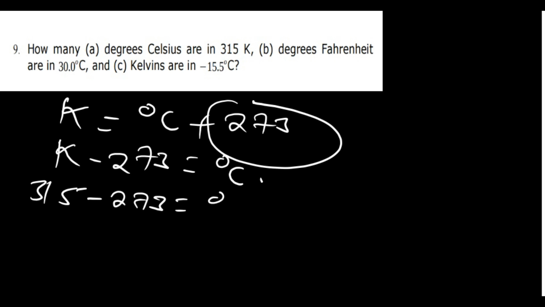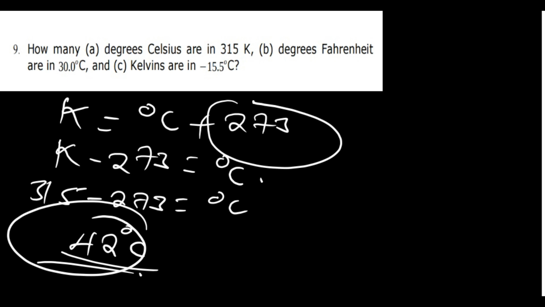This is going to be equal to the degrees Celsius. So if we say 315 minus 273, this is going to give us 42 degrees Celsius. Now we can also convert this into Kelvin, where we add 273, then we'll come back to 315 Kelvin. So the answer for part A is simply 42 degrees Celsius.